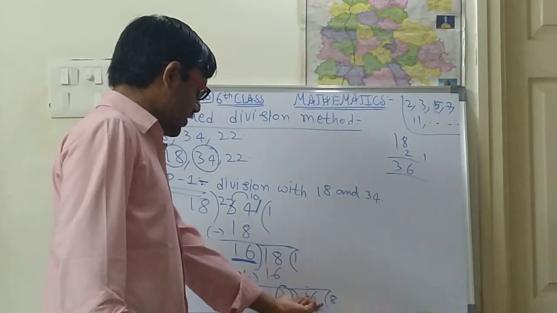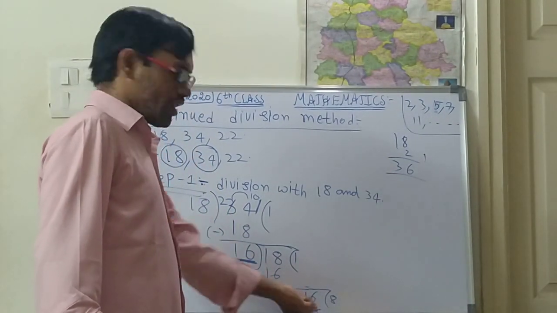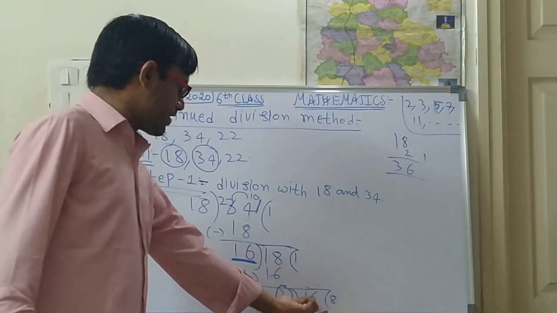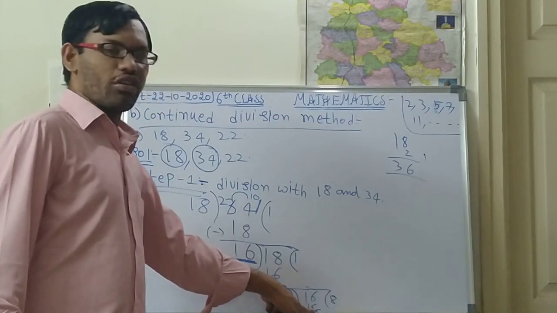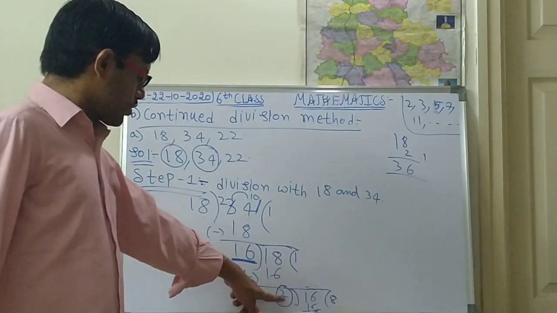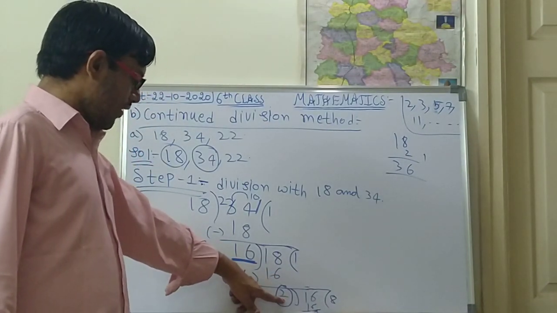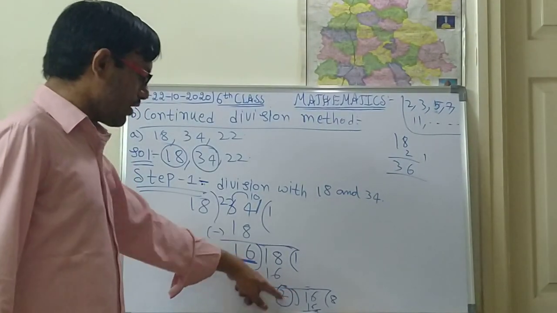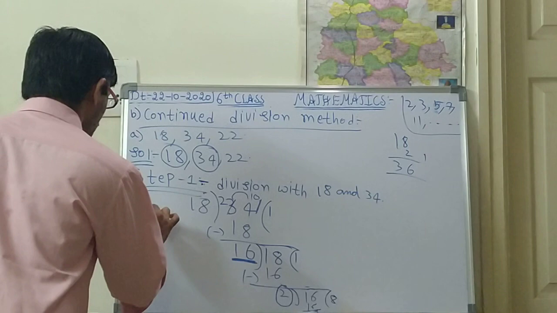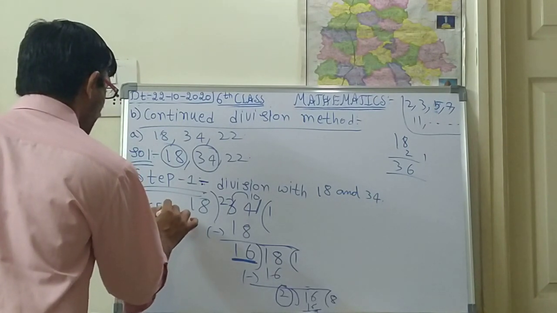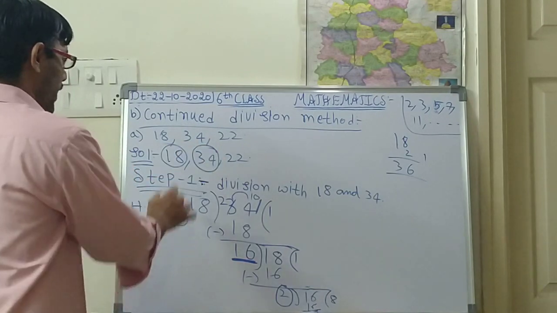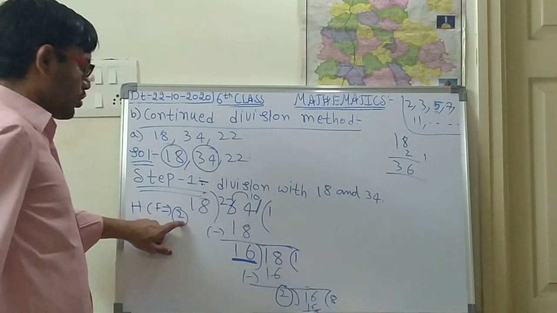For whichever divisor the remainder becomes 0, that divisor will become the HCF. So for 18 and 34, the HCF is 2.